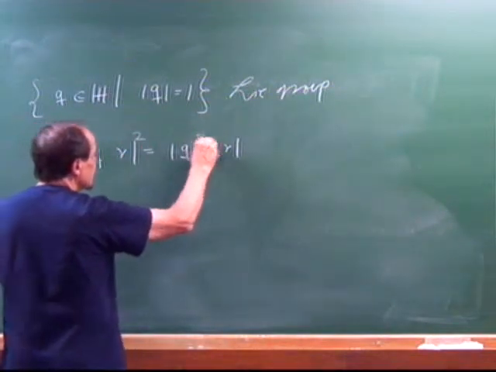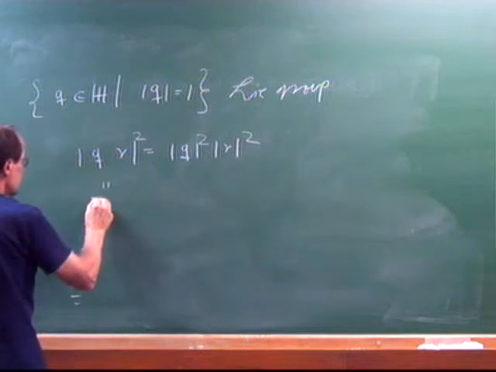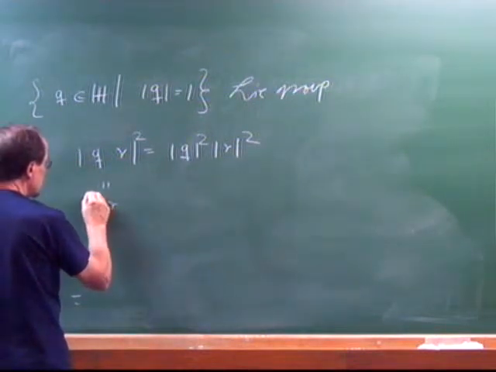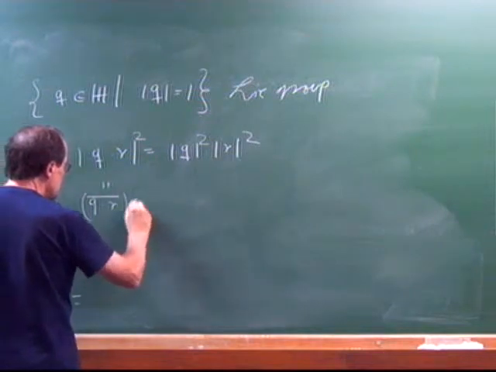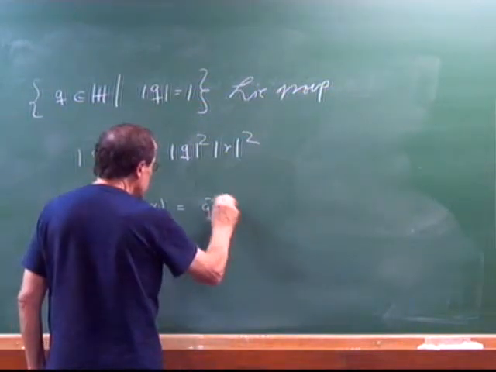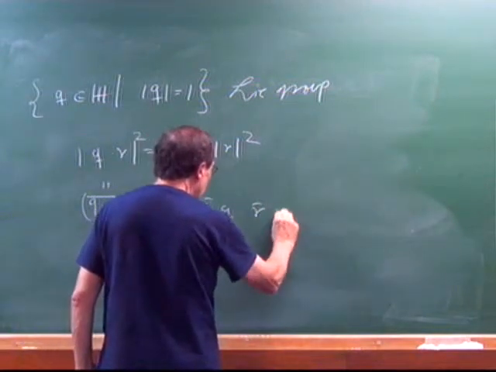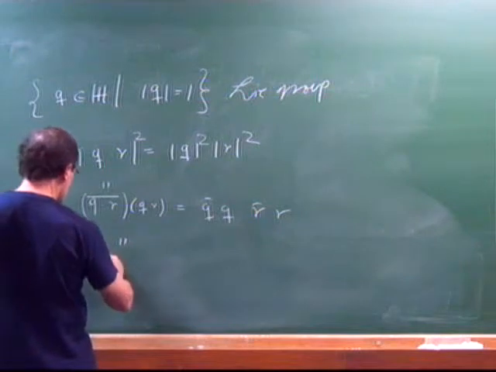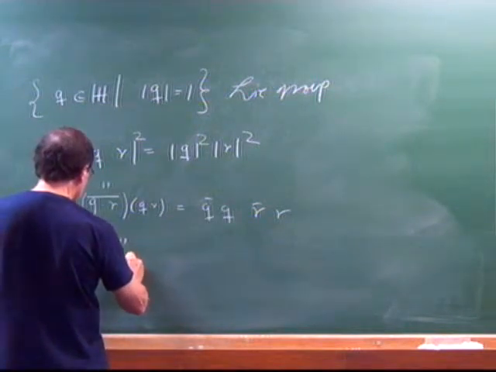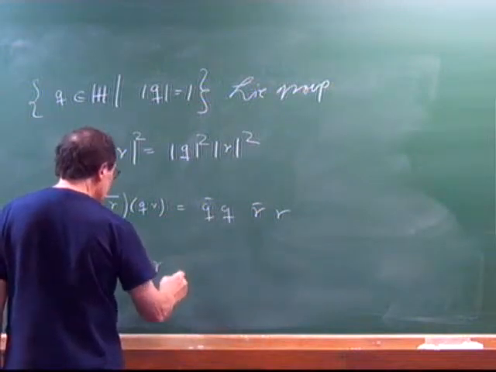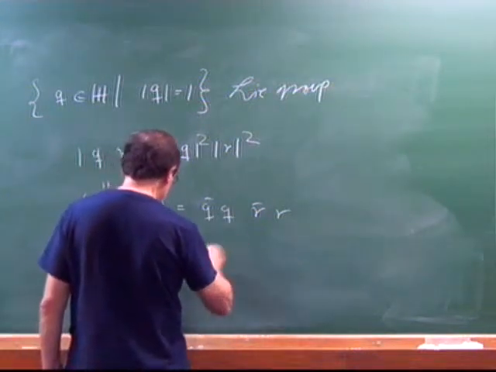Let's try. This was QR bar QR. This is Q bar Q, R bar R. Switch. R bar Q bar Q, R. That's supposed to be this. Well, it's supposed to be this.